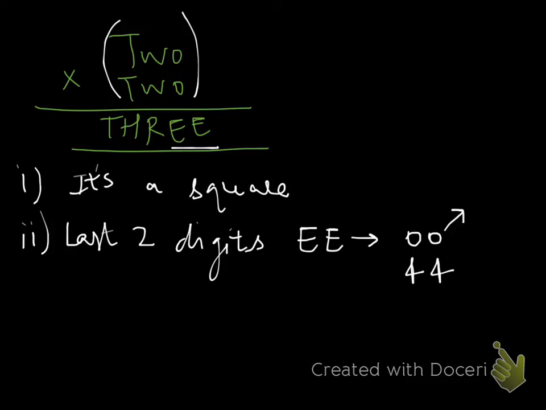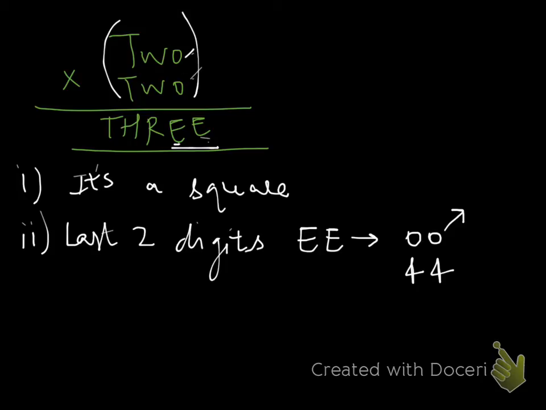And 0 0, how do we get 0 0? Is it possible in this question to have EE as 0 0? No, it's not possible, because had EE been 0 0, it would mean that O and O are also 0, because only 0 and 0 can give you 0 0.